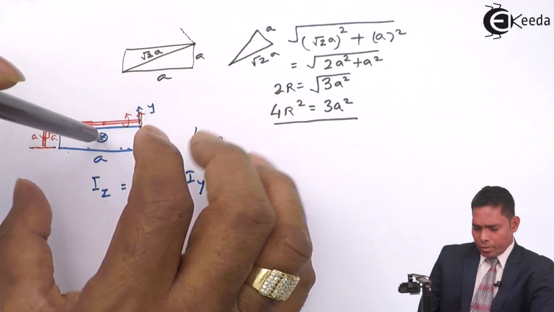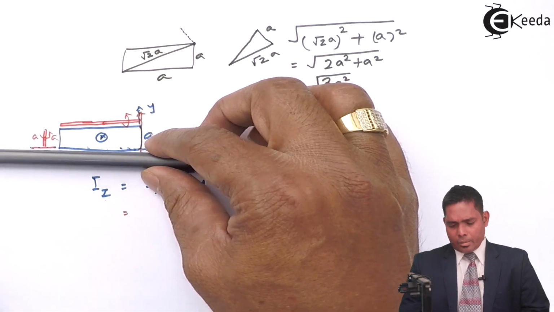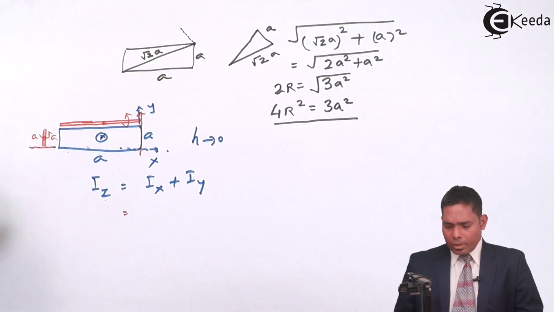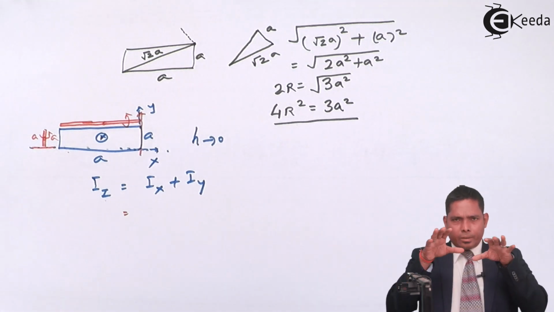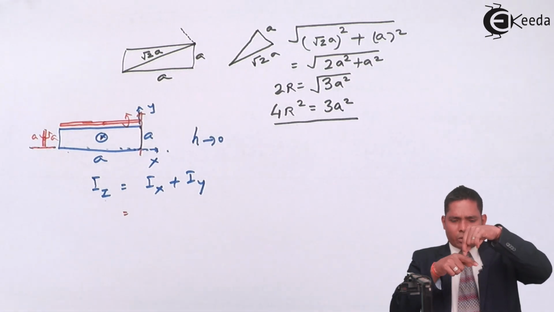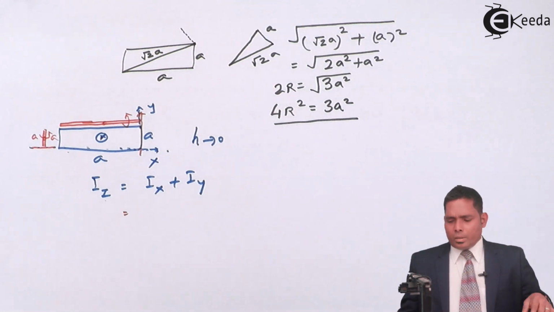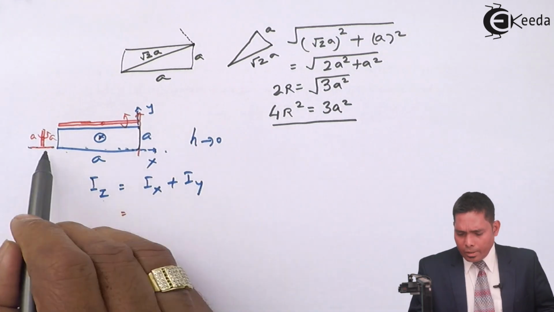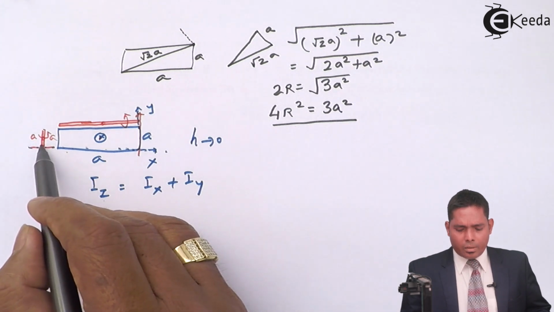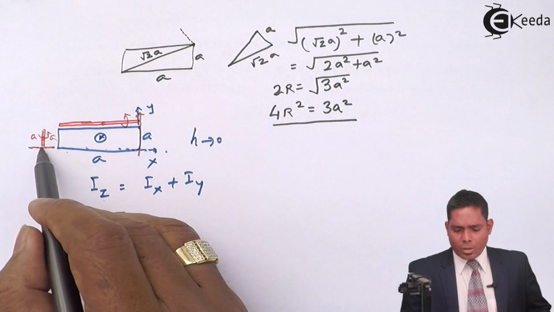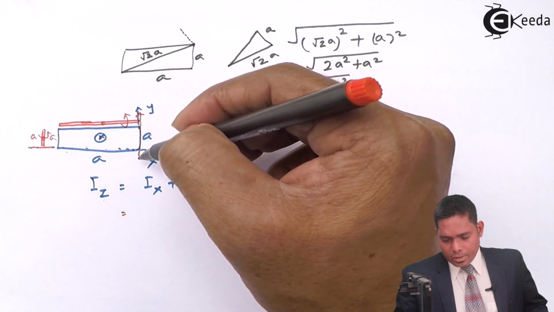So therefore about this axis, if I shrink which dimension, it is ml square by 12. So for a cube, when it becomes a plate, the moment of inertia about this is the sum of the moment of inertia about this axis and that axis. About this line, it will be only about the rod you have to find, ml square by 3.